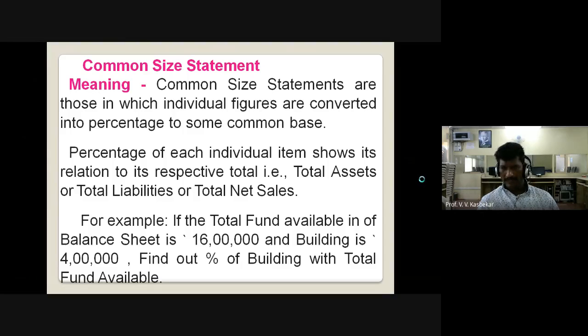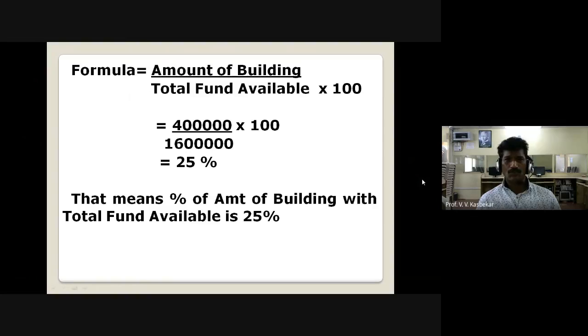So how can we find out that percentage of building with total fund available? You can see here one formula: amount of building divided by total fund available multiplied by 100.